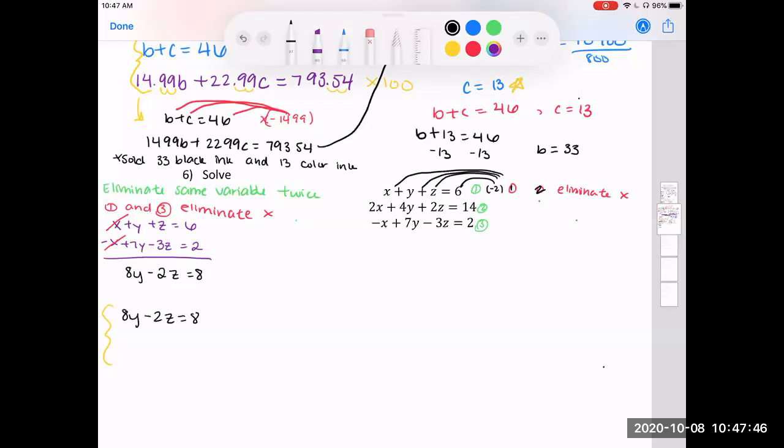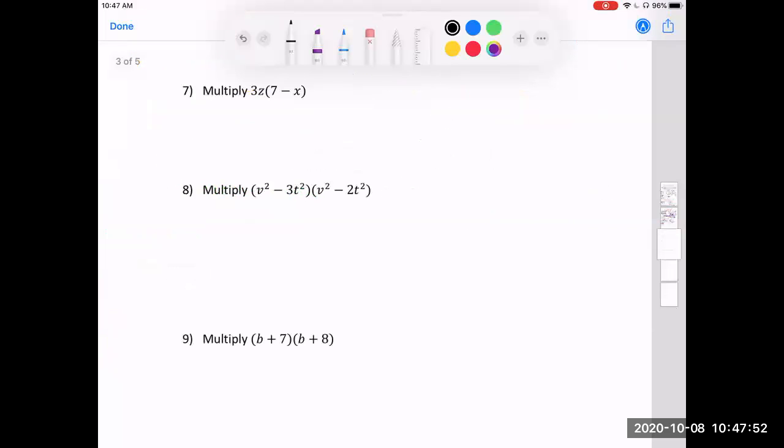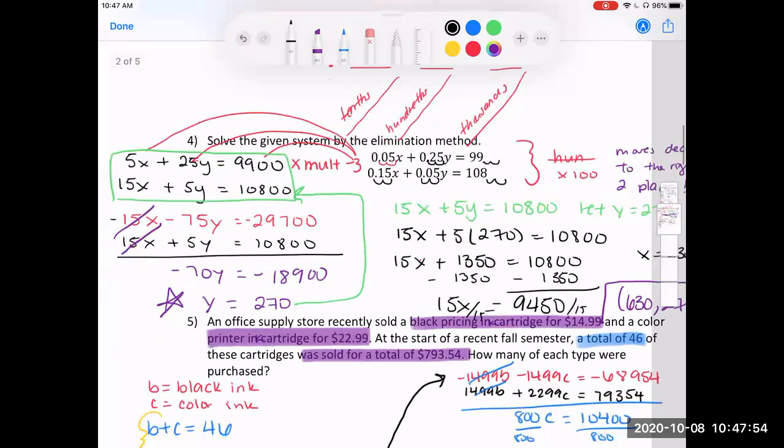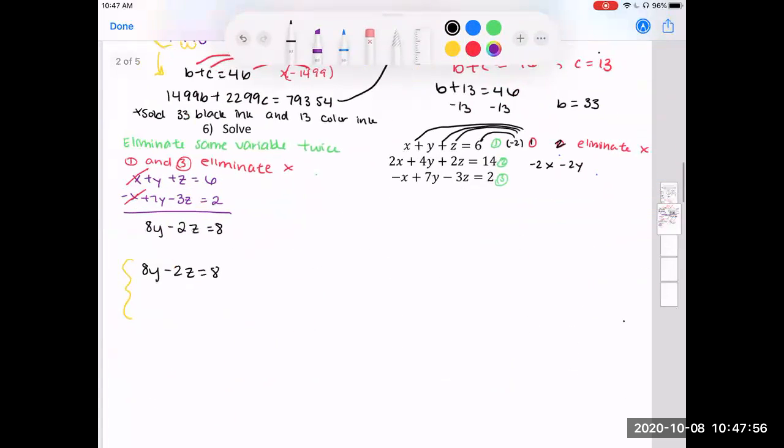So if I multiply by a negative 2, I get negative 2x minus 2y minus 2z is equal to negative 12. And my second equation is 2x plus 4y plus 2z is equal to 14.